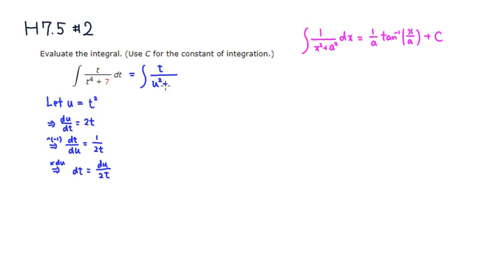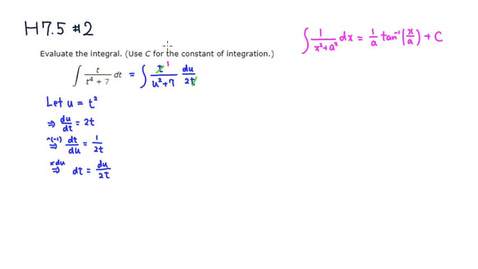And then you have a plus 7. And the dt is du over 2t. So we can cancel the t on the bottom and the t on top. So you're going to have 1 on top.